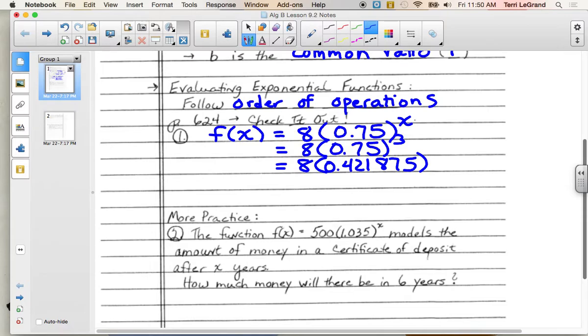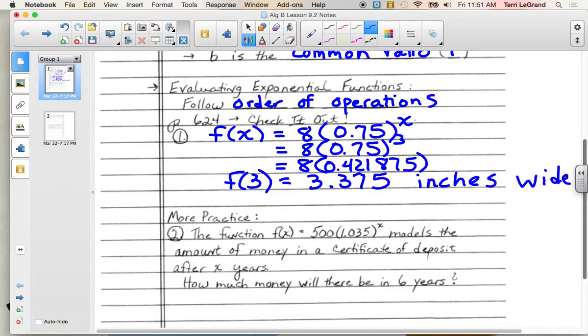And now we multiply that by 8 to know what is our f of 3, or in other words, when you put 3 in for x, what do you get? 3.375. And we know that those are measured in what? Inches. We just found the width of the picture.